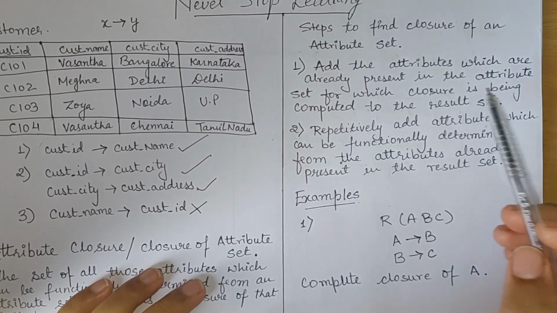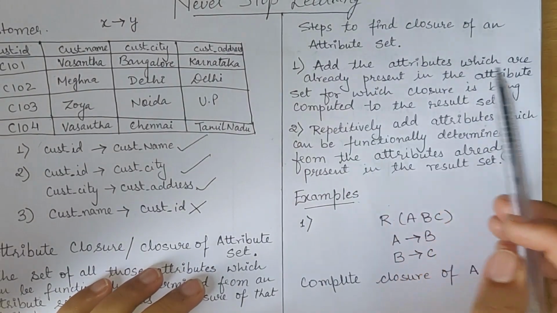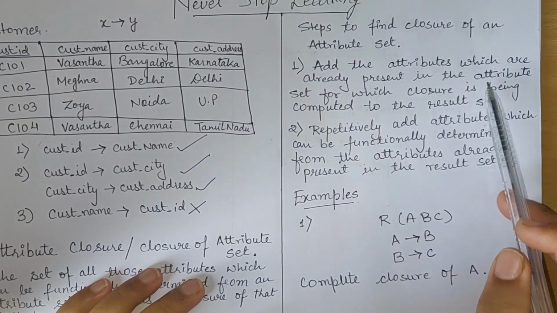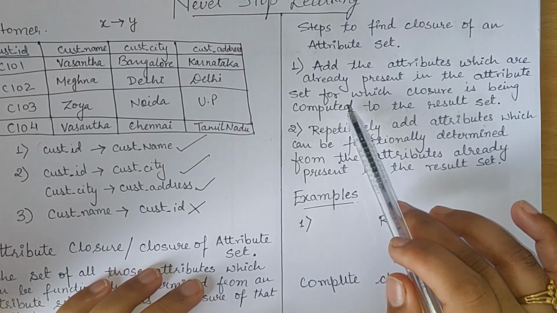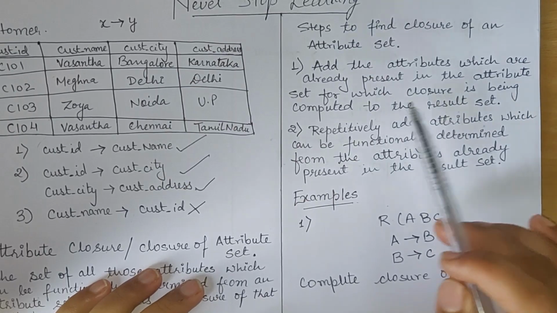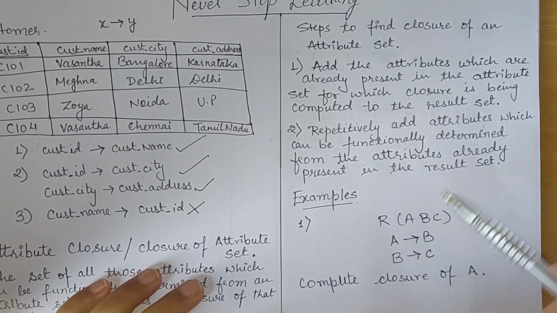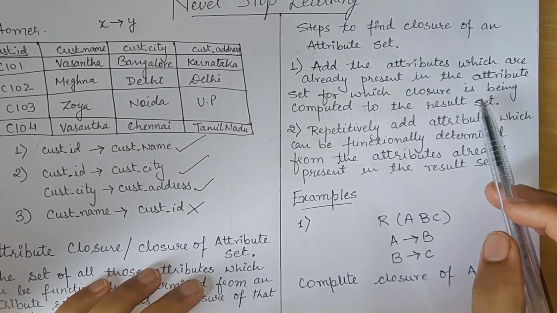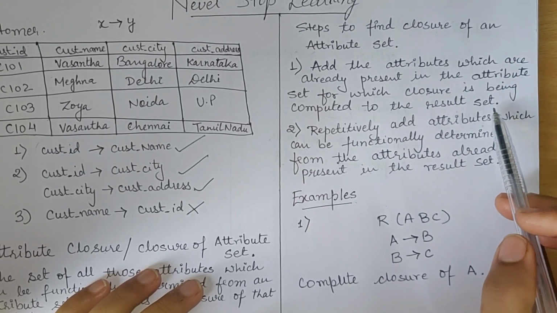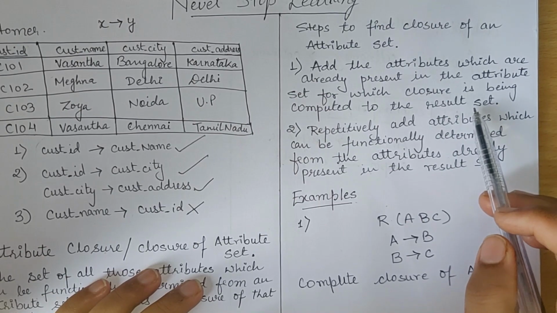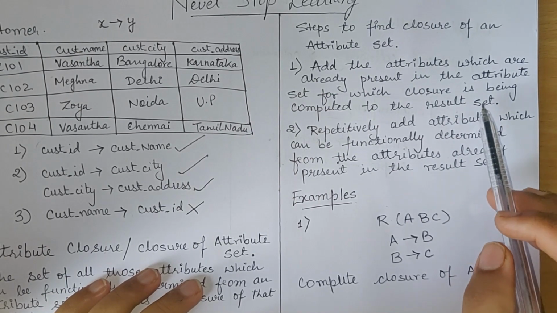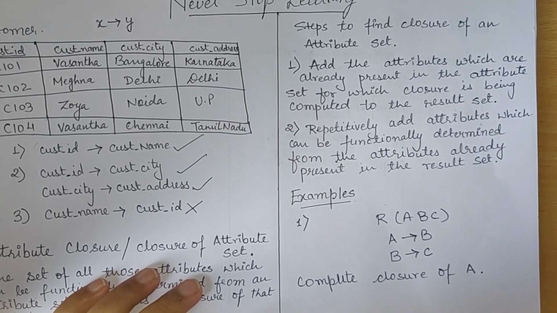So just understand the steps. Add the attributes which are already present in the attribute set for which closure is being computed to the result set. What we have to do is add the attribute set for which we are calculating the closure. All the attributes which are present in that set, we will add directly.